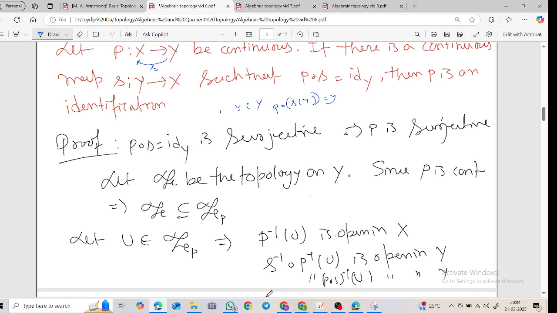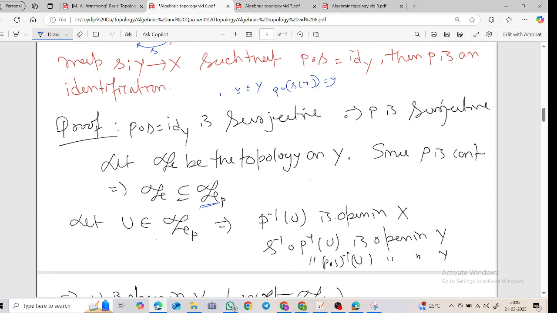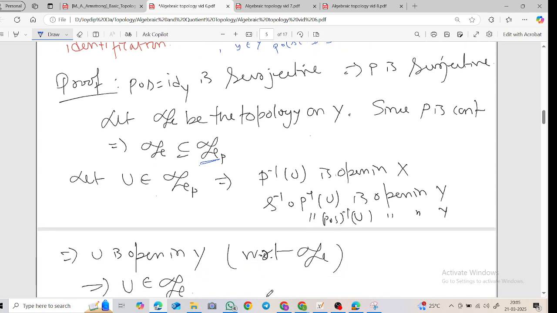Now suppose script F is the given topology on Y, then F_P is contained in this, right? Now again the same trick. Let U belong to F_P. P inverse U is open in X because P is continuous, and since S is also continuous, S inverse of P inverse U is also open in Y, right? Now what is S inverse compose P inverse of U?